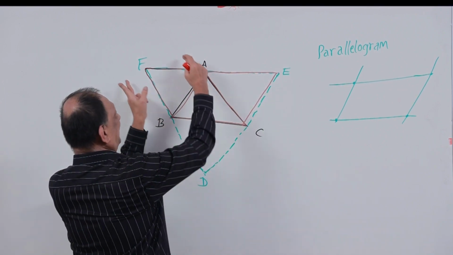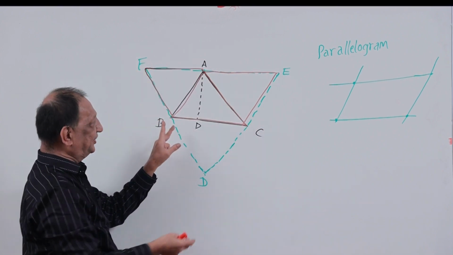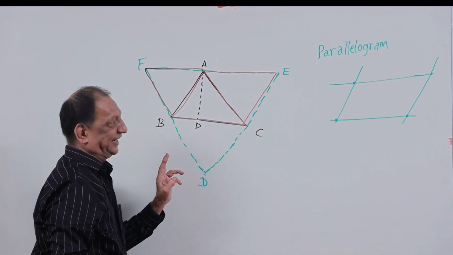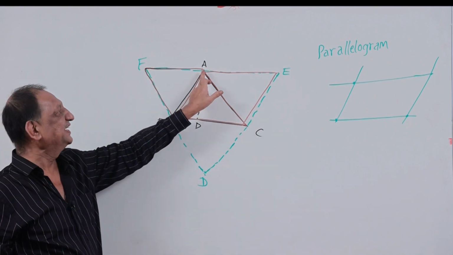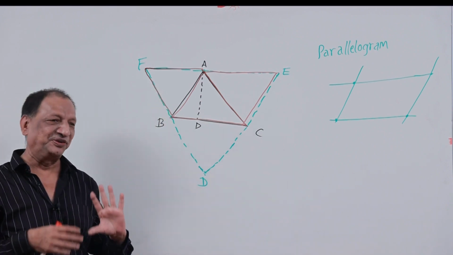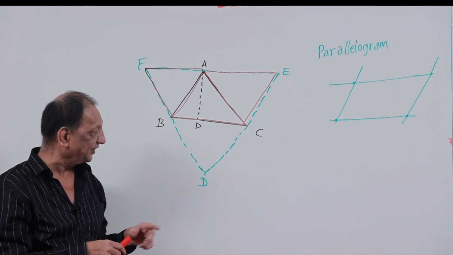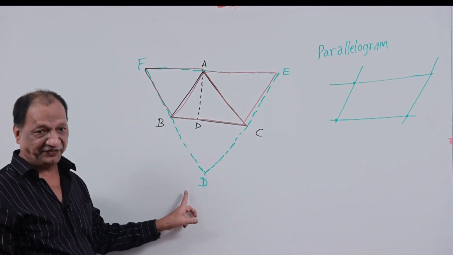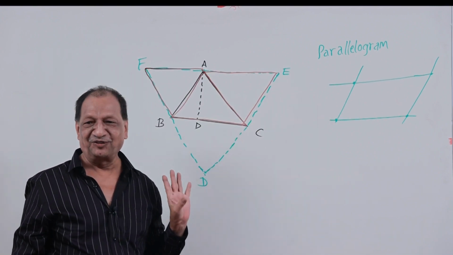Same way, in this parallelogram, BC must be equal to AF. Now you can see BC is equal to AE as well as BC is equal to AF. Therefore, AE must be equal to AF. So A is the midpoint of FE is the conclusion, right? By symmetry, or by comparing other parallelograms, you will find that B must be the midpoint of FD, and C must be the midpoint of ED. No questions.